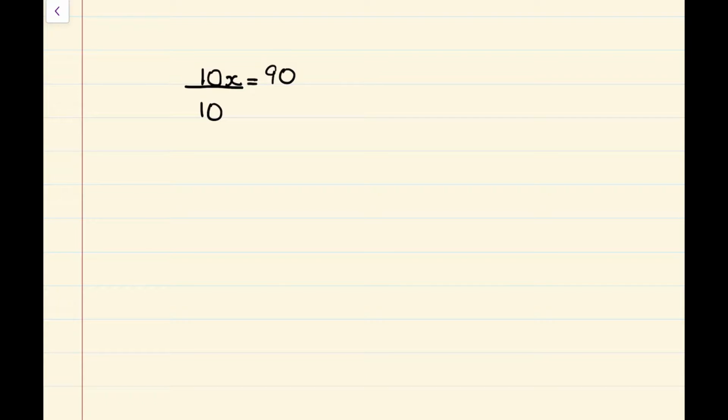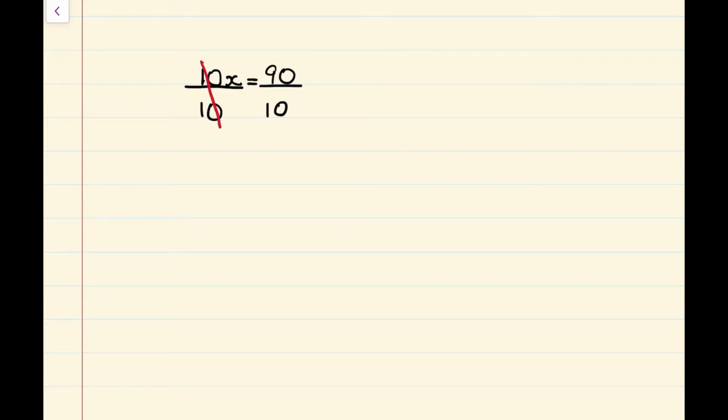And remember, in math, we always have to remember that what we do to one side of the equal sign, we have to do to the other side. So because we divided by 10 on this side of the equal sign, we have to divide by 10 on the other side of the equal sign, which we know 10 divided by 10 is just 1.